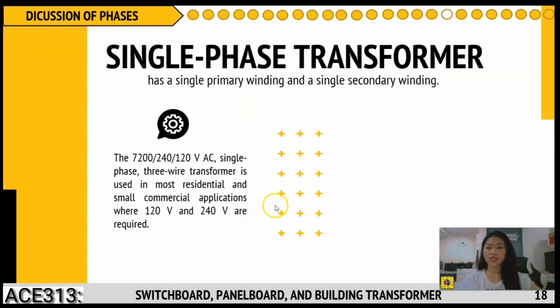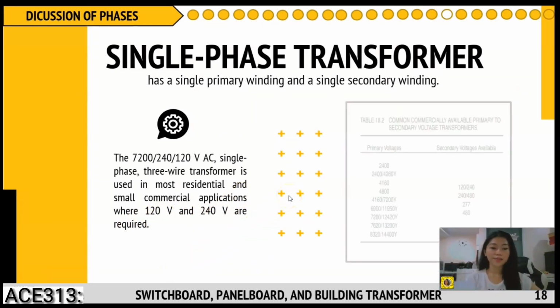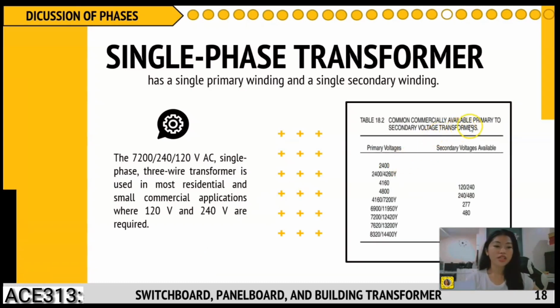I attached here a table stating common commercially available primary to secondary voltage transformers. As you can see, there are primary voltages and secondary voltages available. You can take down notes. The information given by the table enables you to familiarize yourself with it.